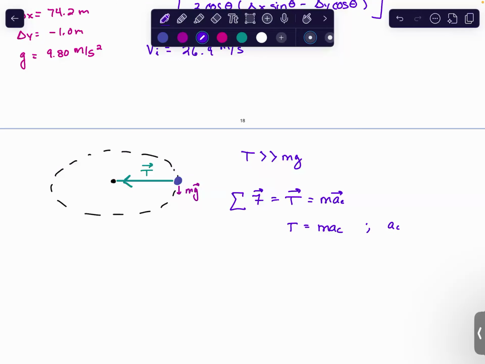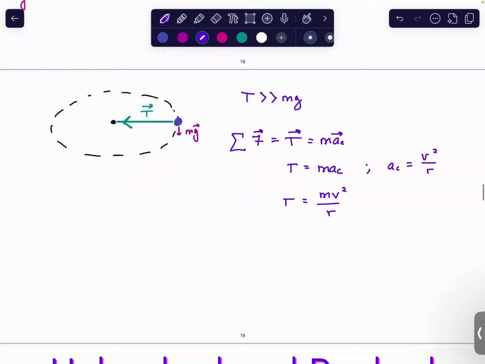Remember that centripetal acceleration is v squared over r. And so now, the mass from the problem is 4.08 kilograms.